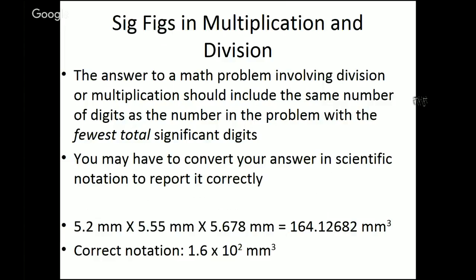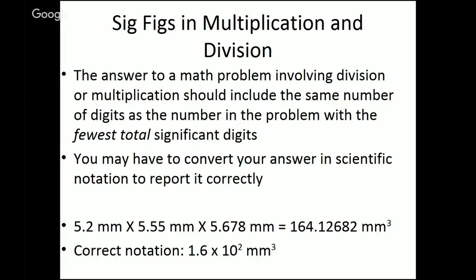All right. Now there's also a rule for multiplication and division, and it's a little bit different than the rule for addition and subtraction. So how does this work? Well, again, when you're multiplying or dividing a long series of numbers, you're going to look at the numbers and find the least precise number in the series. So in this case, it would be 5.2. Now it's going to set the standard for your answer in terms of how many places you report.